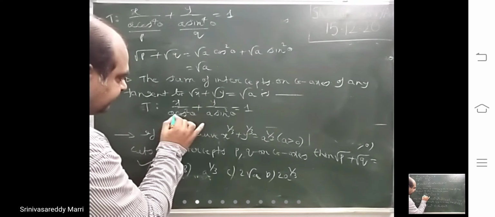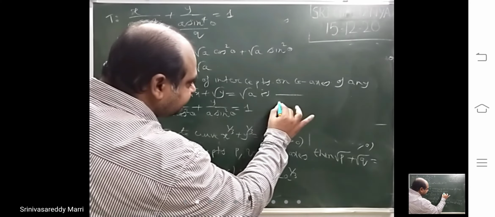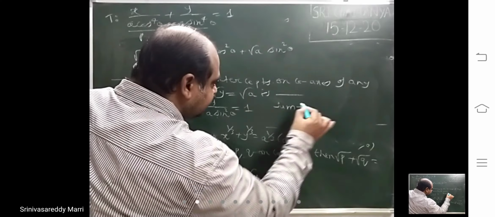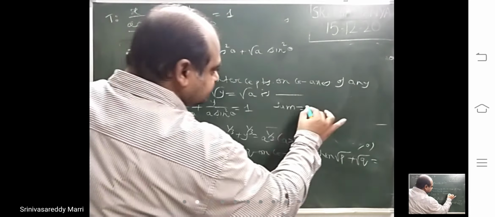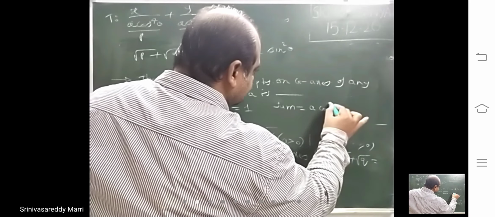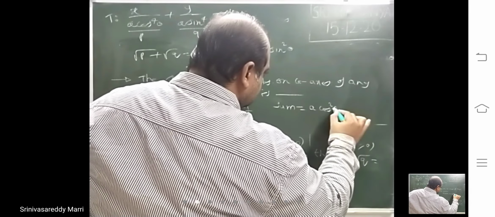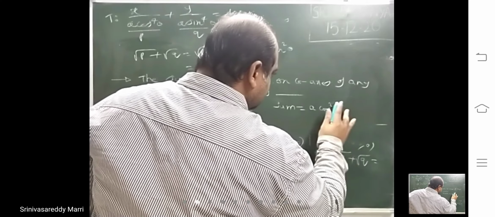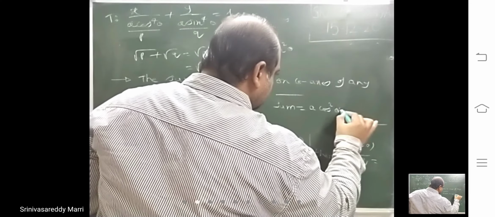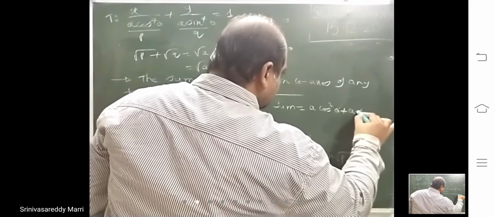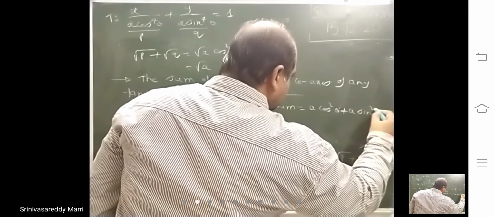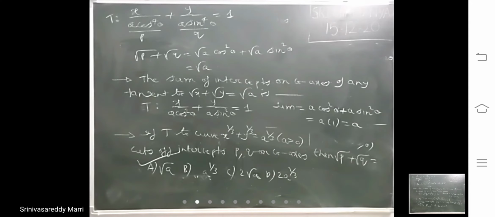So the sum of this: this is the x-intercept, this is the y-intercept. The sum is required. The sum is nothing but a cos square theta plus a sin square theta, so a into 1, that is nothing but a.